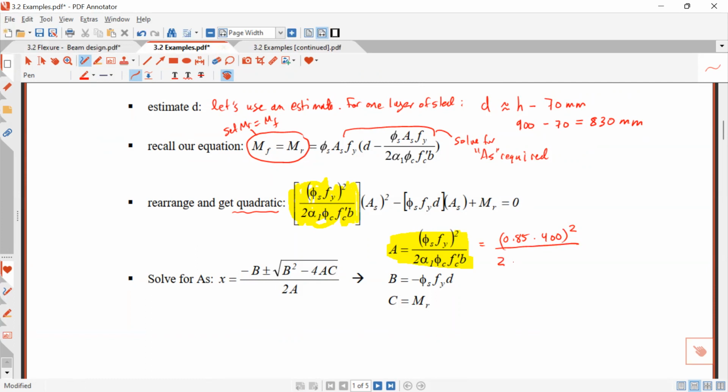This is where I said you can use the actual alpha 1 of 0.81, but I'm going to stick with the 0.8. Times phi c 0.65 times f prime c of 25 times b, which is 450. So if I do this, I'm going to end up with 9.88.